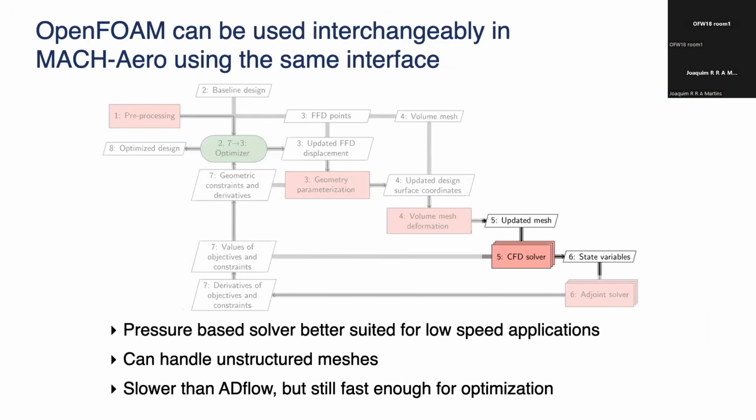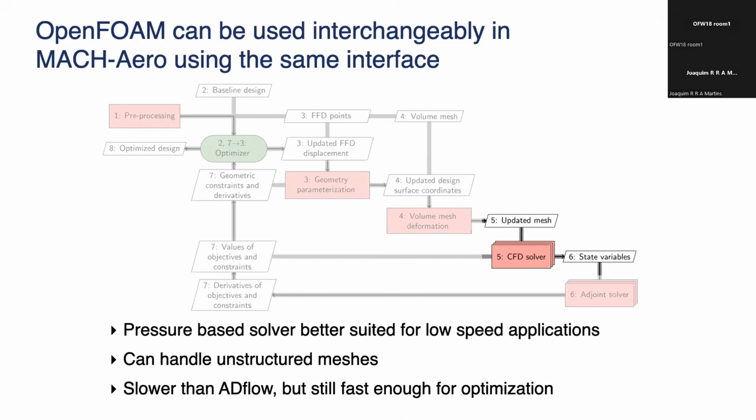As I mentioned, OpenFOAM can be used interchangeably with this using the same interface. Overall, with OpenFOAM, we use simpleFoam mostly because the pressure-based solver really is good for low-speed flows. ADflow, not so much because it's a compressible solver, but it's better for the type of aircraft we do, transonic transport aircraft.